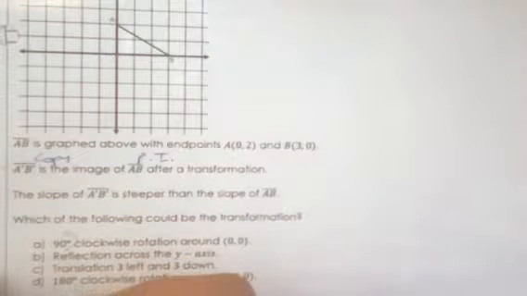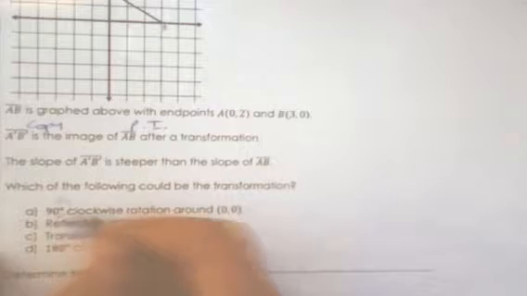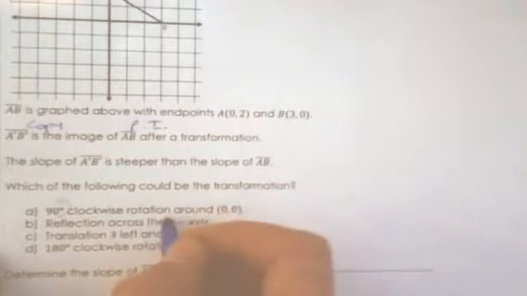90-degree clockwise rotation around the origin. So 90 degrees, it says positive 90, so usually we think positive 90 counterclockwise, but it says clockwise, so we're just going to go clockwise. So 90-degree rotation clockwise, turning like the clock. So that means that B at 3, 0 is going to 0, 3, except negative 3 because we're down here below the x-axis.